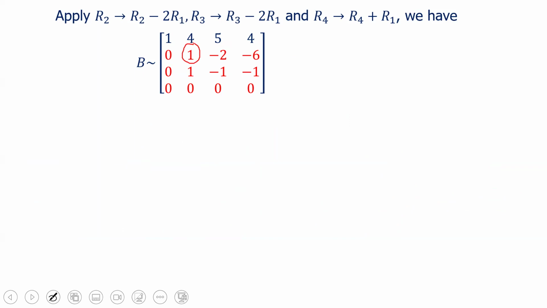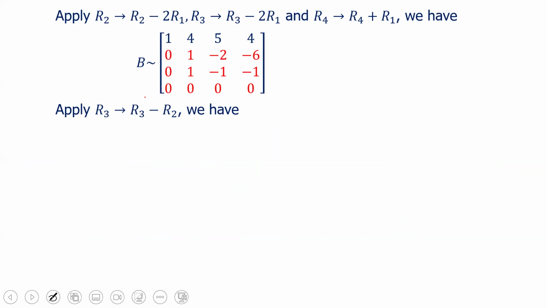Again, look here. We ask the question, is A22 1? Clearly here A22 is 1. With the help of this one, we have to make this one 0 because this is already 0. We apply in row number 3, R3 minus R2.